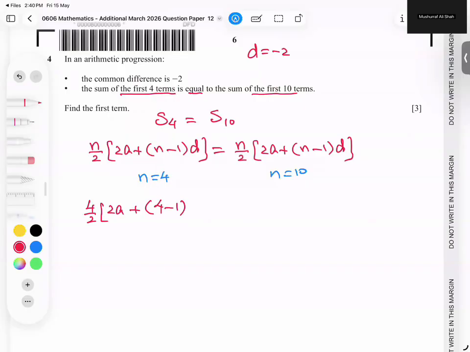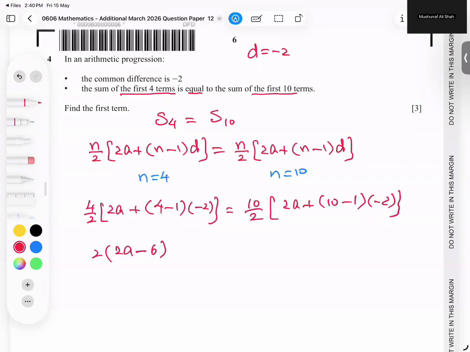Again, replace this n by 4, and the common difference given is negative 2. Here 10 over 2, and here 10 minus 1 into negative 2. So I'm getting 2 outside, 2a and negative 6. 2 5s are 10 and 2a, and this is 9, 9 2s are 18.